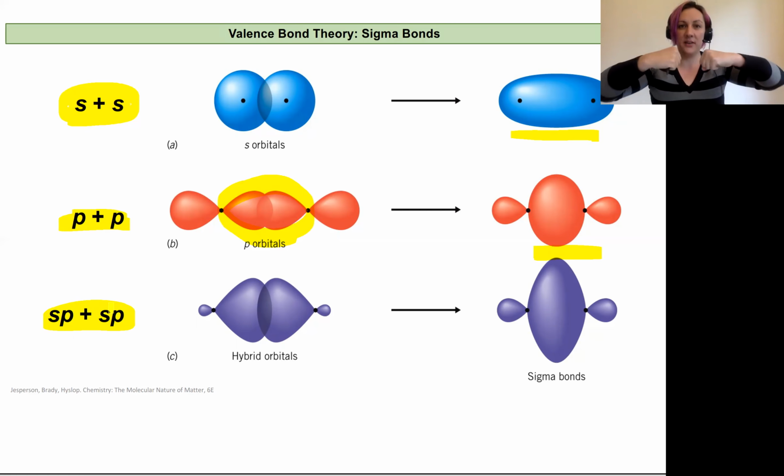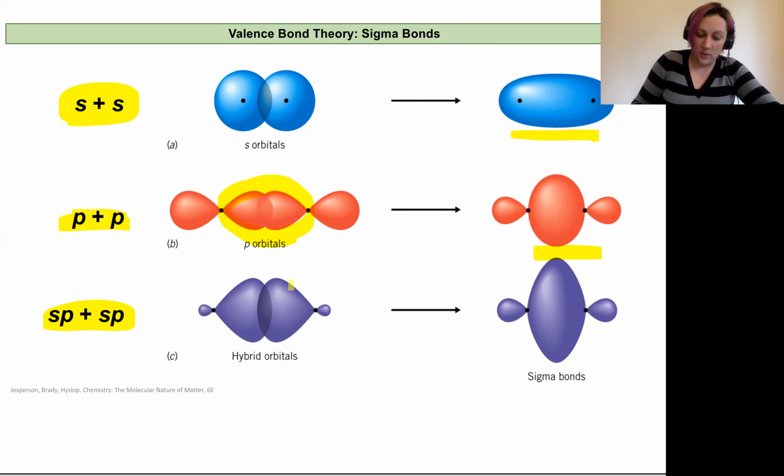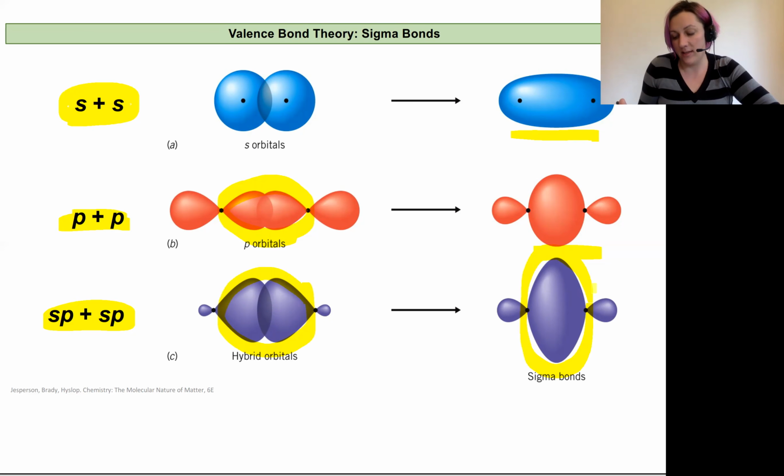And as long as they're overlapping in the same orientation on the same axis, then we're going to see something that's really similar to what happens with the p orbitals, except it's going to have even more electron density in between the two nodes at the nucleus for the hybridized bonds. And so all of these represent sigma bonds, and they're typically that first bond that is created between two elements.